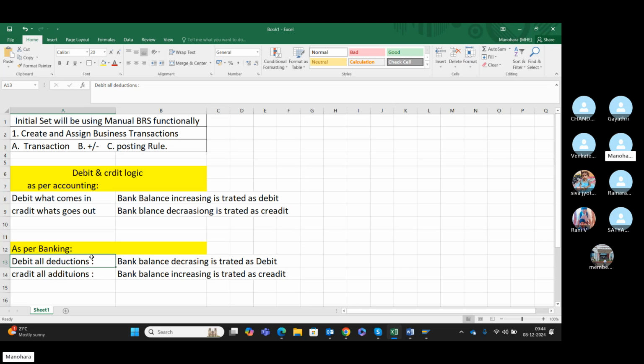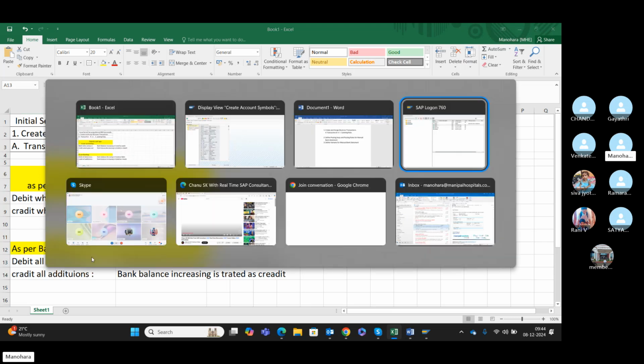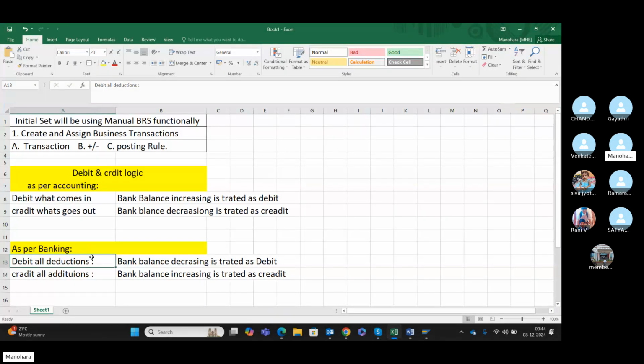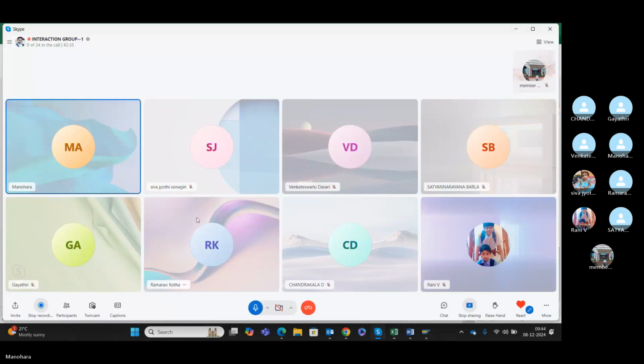Anybody having any confusion or any doubts until this? Hello? Yes, Manohar. Is there any confusion here, or is it clear, as per banking, as per accounting? So what's debit and what's credit? Yes, it's fine.